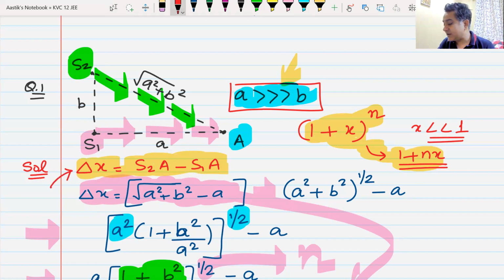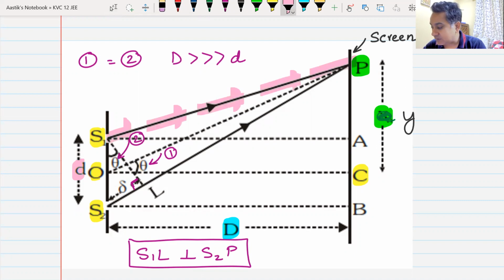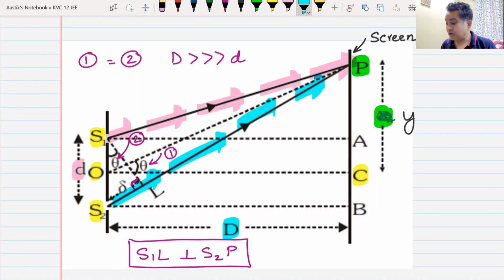Again, take you back to the diagram that I drew. So again, there are two waves that are going to interfere at point P. The one is the pink one, going like this. Then we have the blue one. We need to interfere these two waves. To make them interfere, we must know the path difference between the two waves.